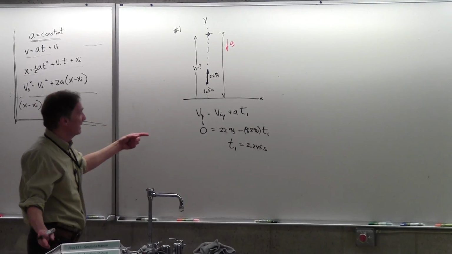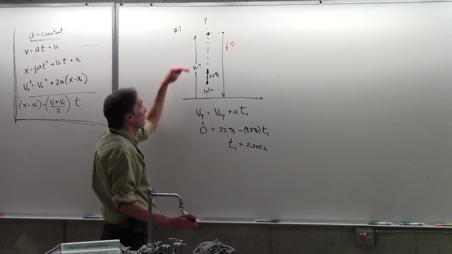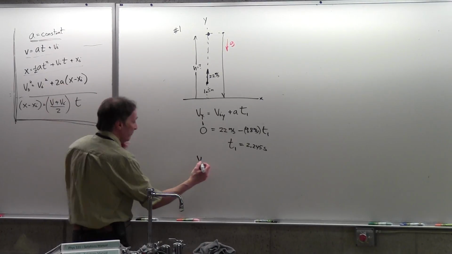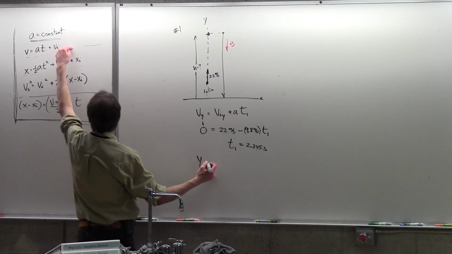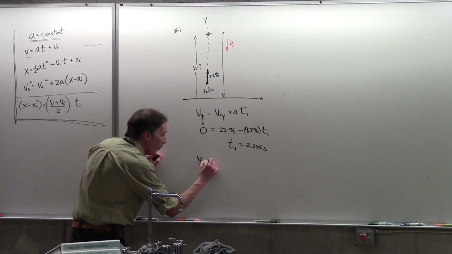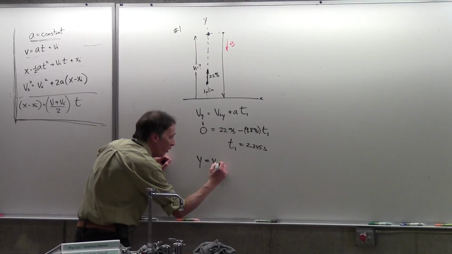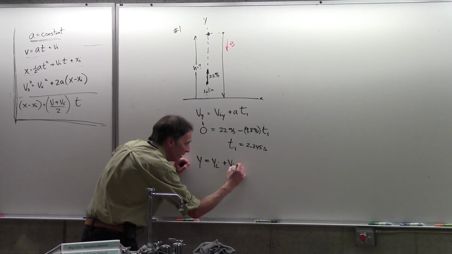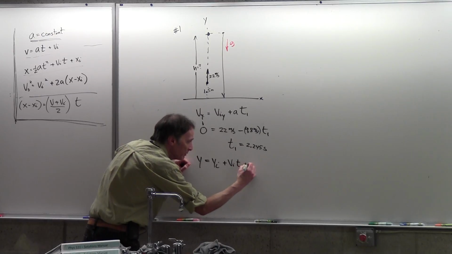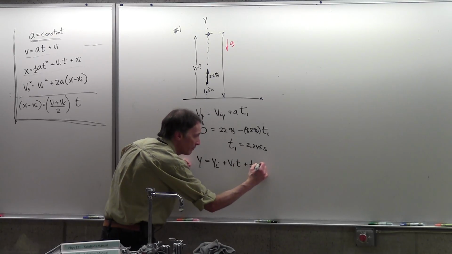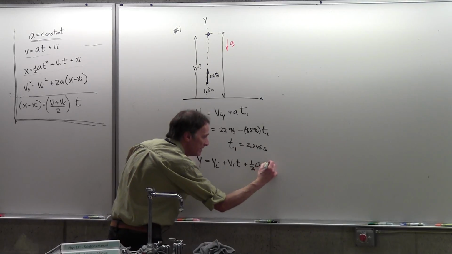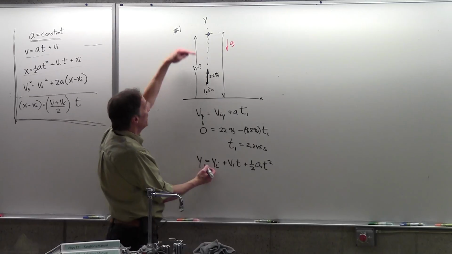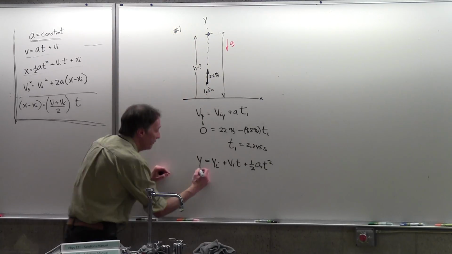And now I want to take that value into the y equation. So this is where I go to the second one. Y is equal to the initial y plus the initial velocity in the y times time plus 1/2 the acceleration in the y times t squared. So let me put that in. The y should be the height of this thing above the ground.